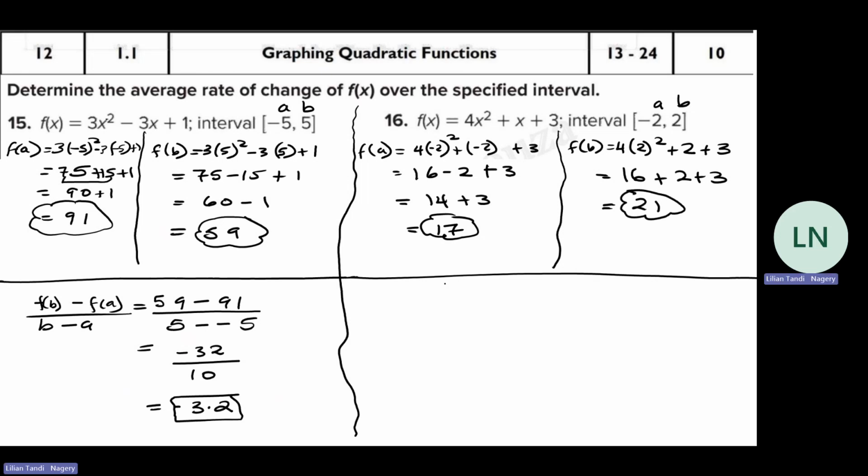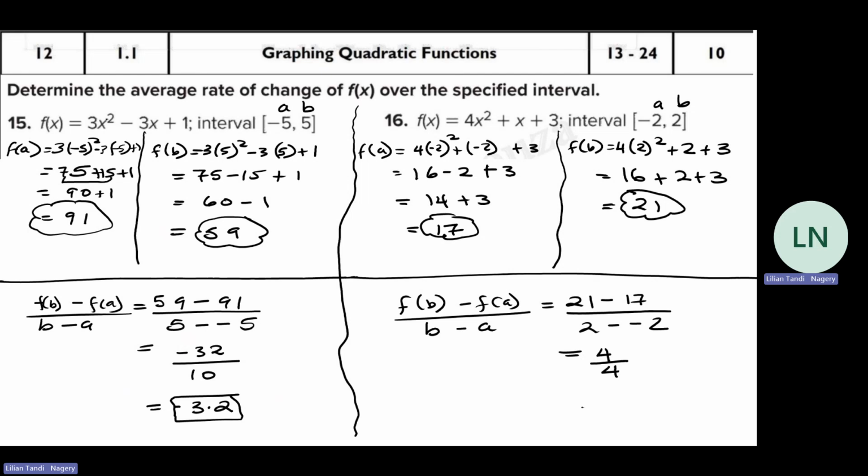So when you do average rate of change, f of b minus f of a divided by b minus a. F of b is 21 minus 17 over 2 minus negative 2. 21 minus 17 is 4, and 4 divided by 4 is 1. And you box your answer.